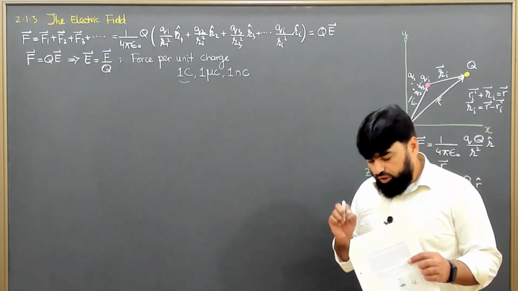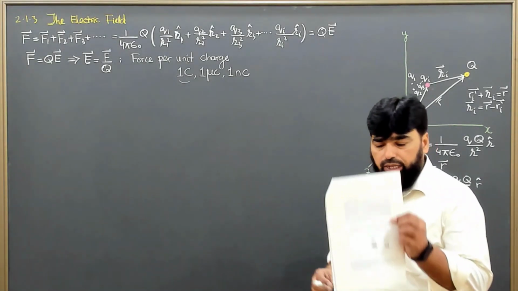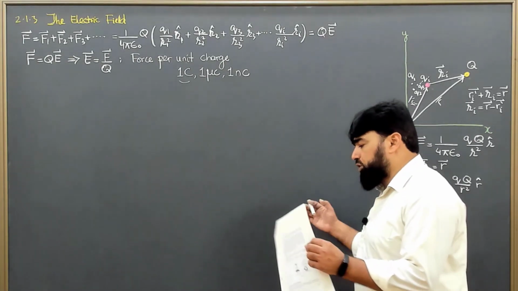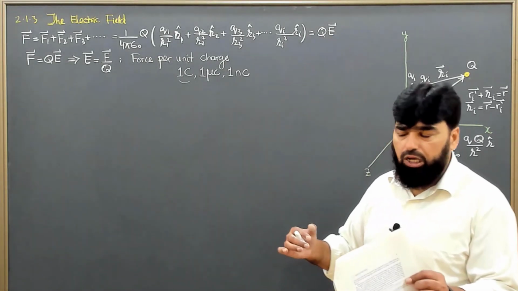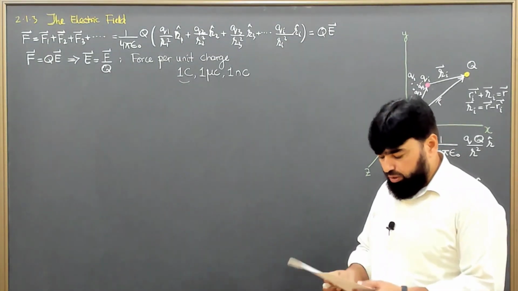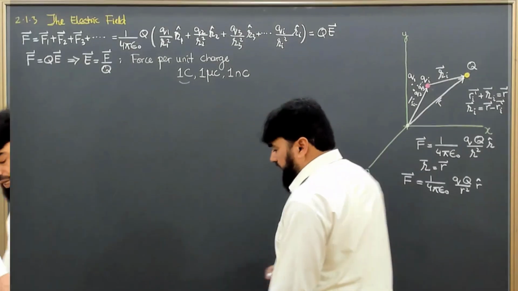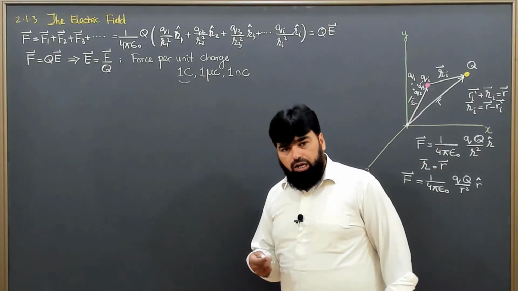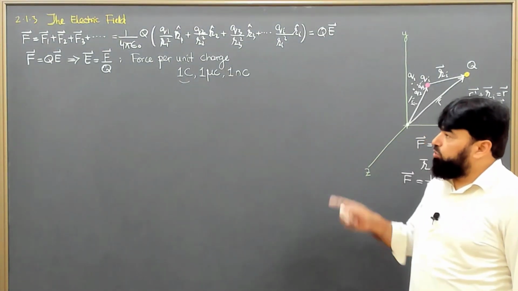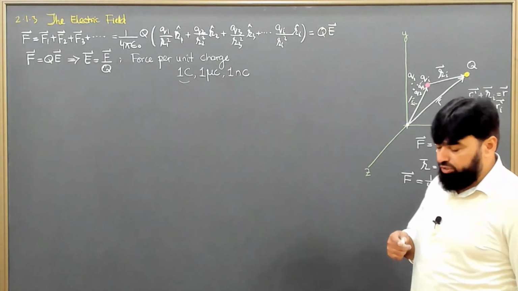So whoever measures the strength of this field, if the test charge is unity, then the magnitude or the strength of this field will be exactly the same. So the test charge is supposed to be unit in magnitude. And now we are in a position to tell why, when we have the force, we need the electric field.